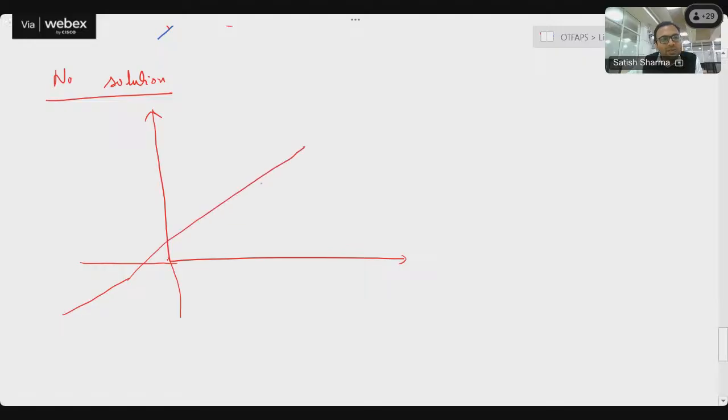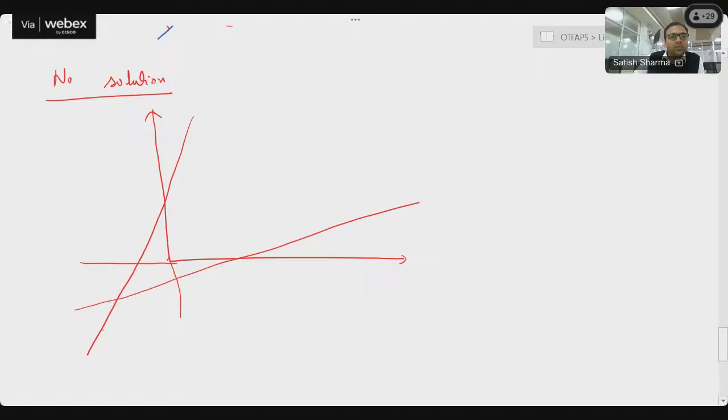One line is this, and another line is, let's say, this. Okay, so let's say these are the two conditions.